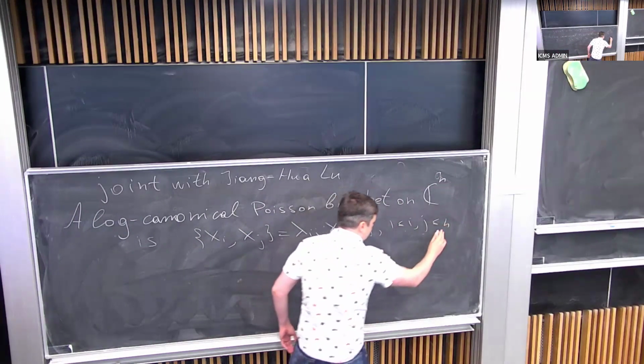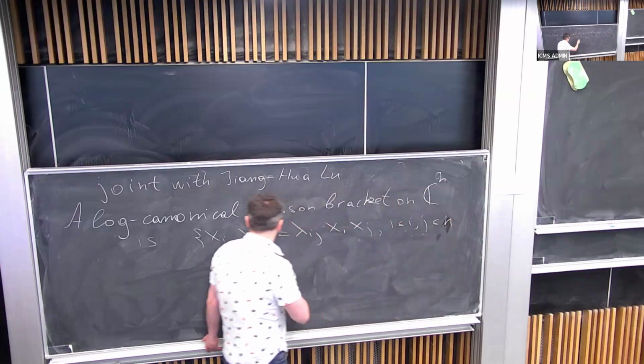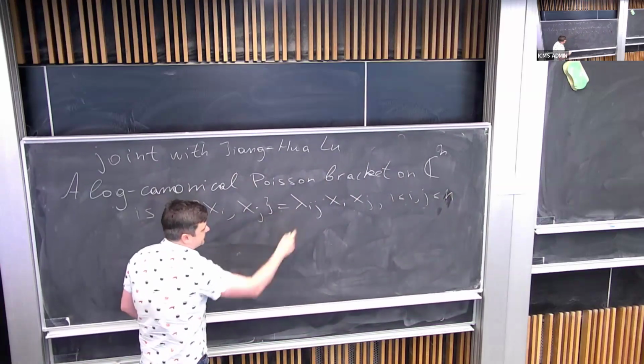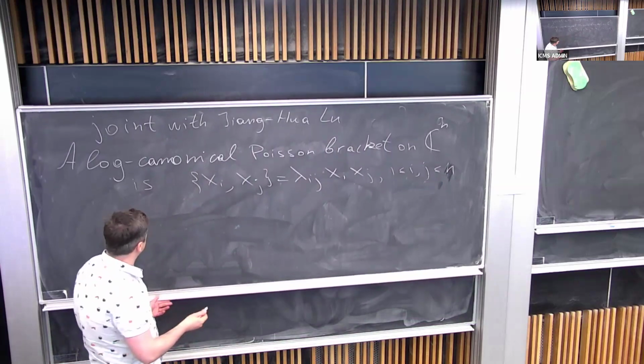So the right-hand side, when you evaluate it at coordinates, is just the product of x_i and x_j and some constant.